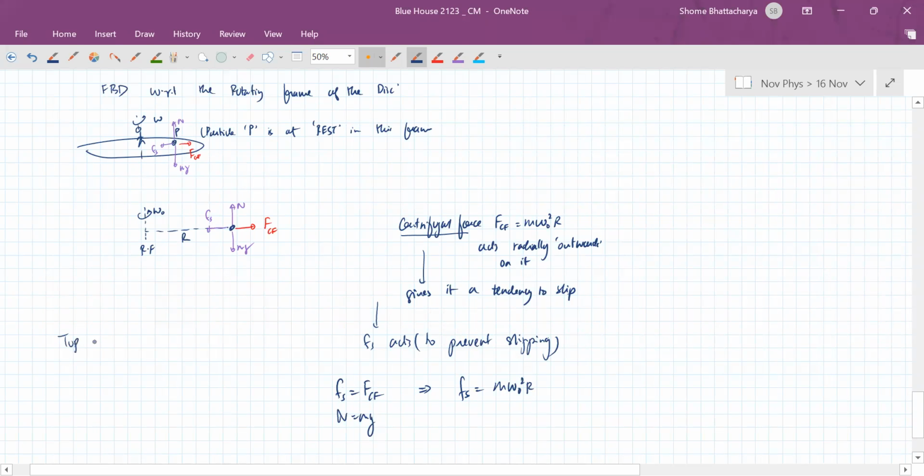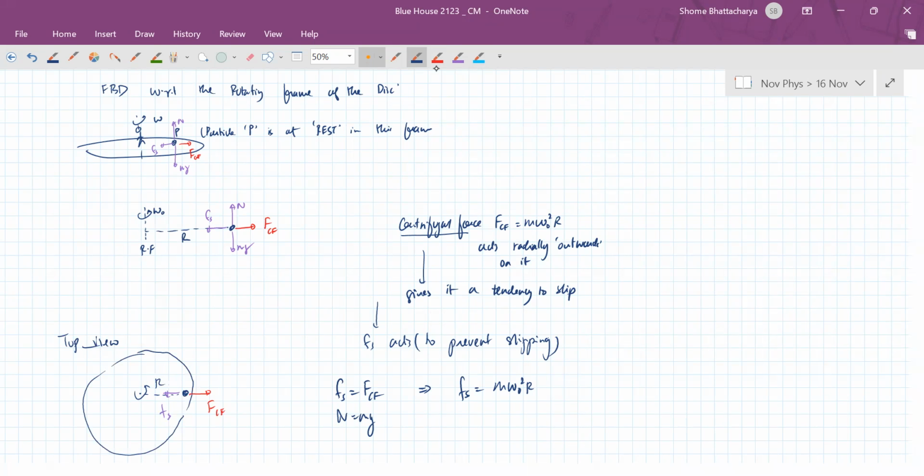So when we see the top view, exactly, friction acts in the centripetal direction to prevent the slipping.